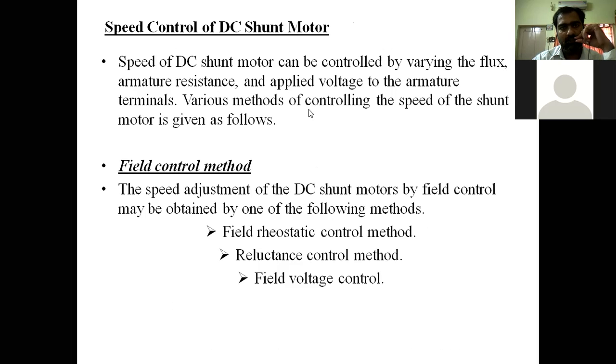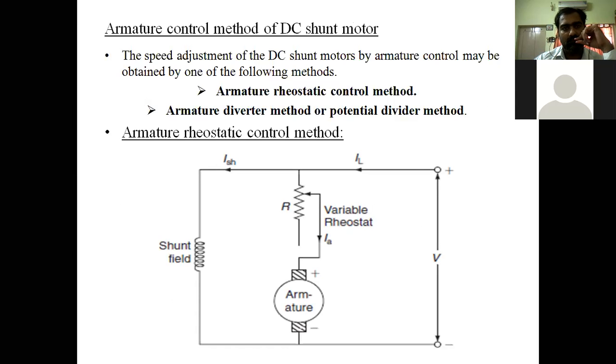Some speed control for DC motors: field control for controlling the speed of your DC shunt motor. We have seen some methods: the field control method, field rheostatic control method, and armature rheostatic control method. These control methods are classified into two types.